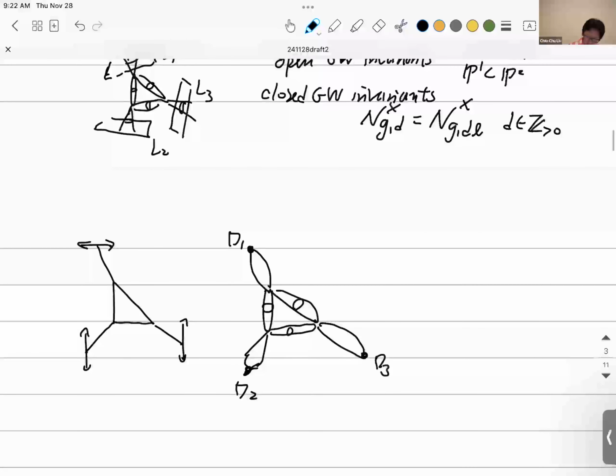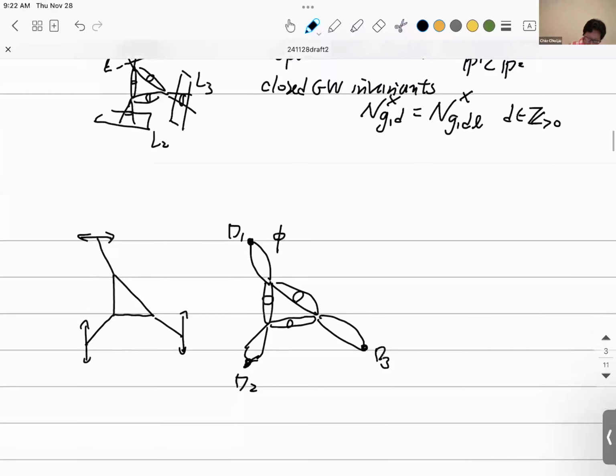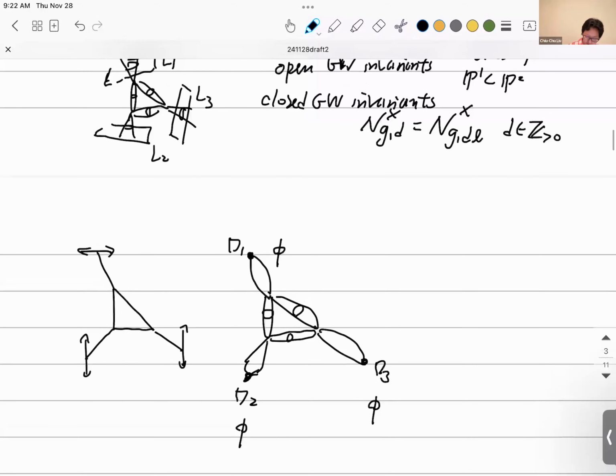So in the relative setting, to get closed Gromov-Witten invariants, we just put the empty partition, meaning that our curve does not intersect these three divisors.